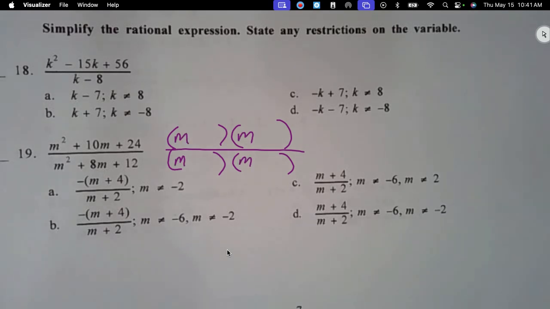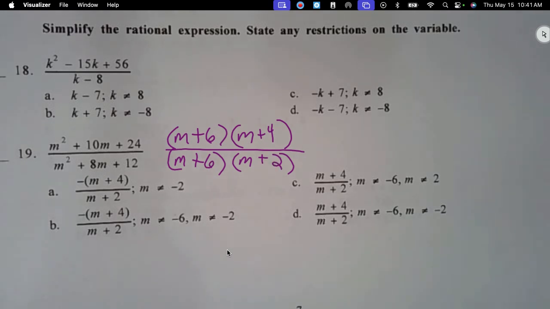What times what's 24? We could probably do 6 and 4, and that does add up to 10, so it's 6 and 4. What times what is 12? 6 and 2. That does add up to 8. I was thinking 3 and 4 does not add up to 8. 6 and 2, that does work.